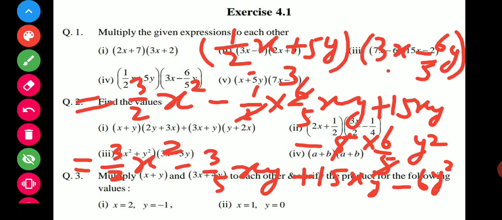Now you can solve this one. It is 3 by 2 x square minus 3 by 5 xy plus 15xy and minus 6y square.